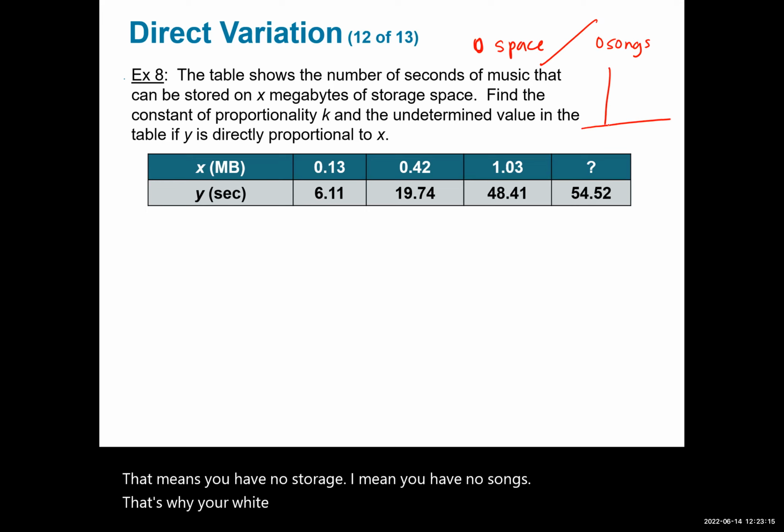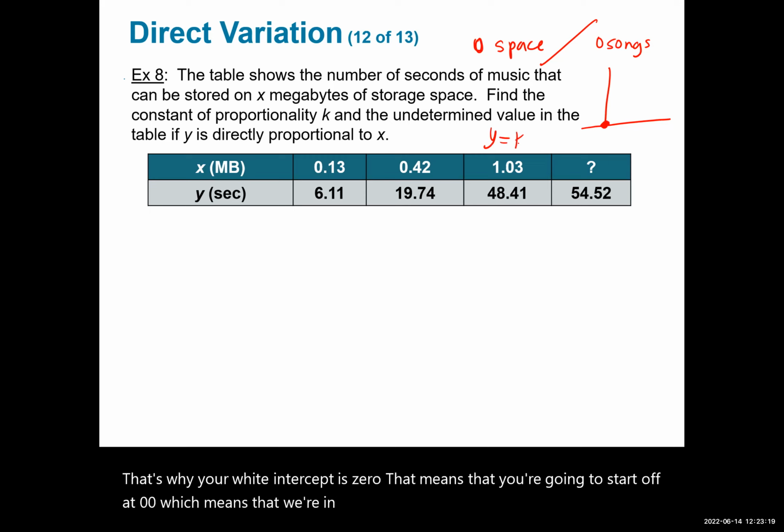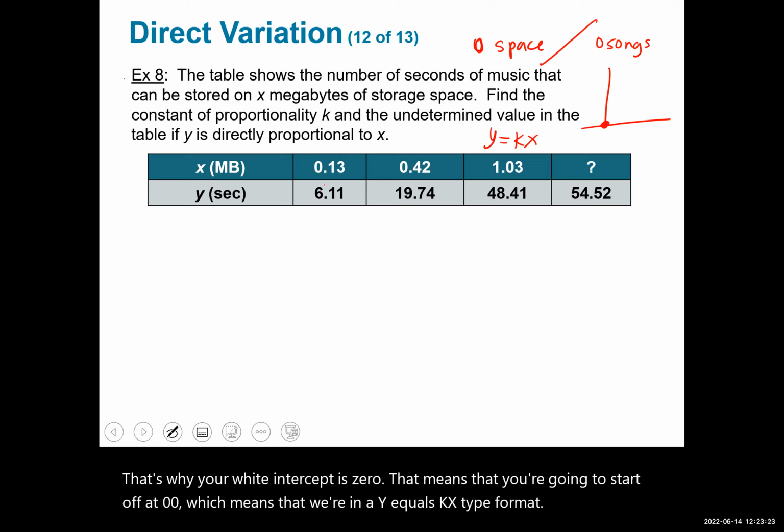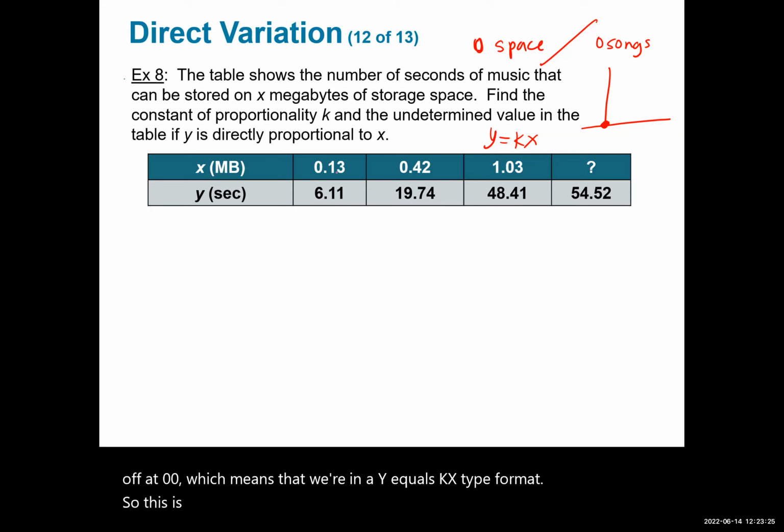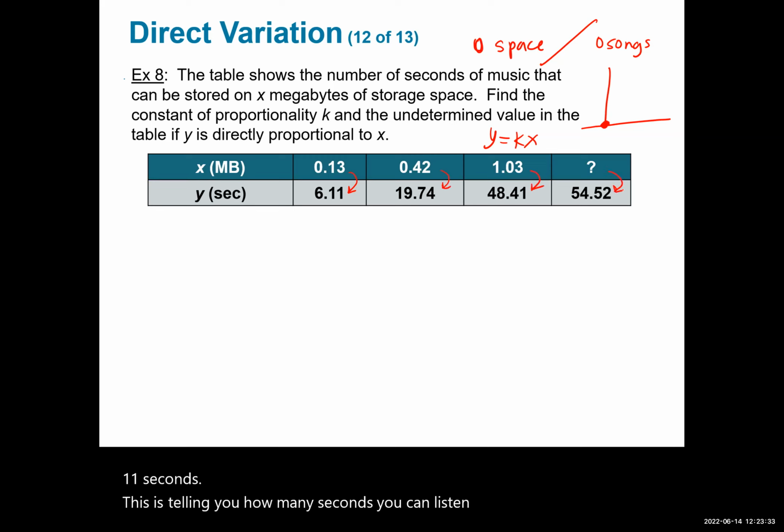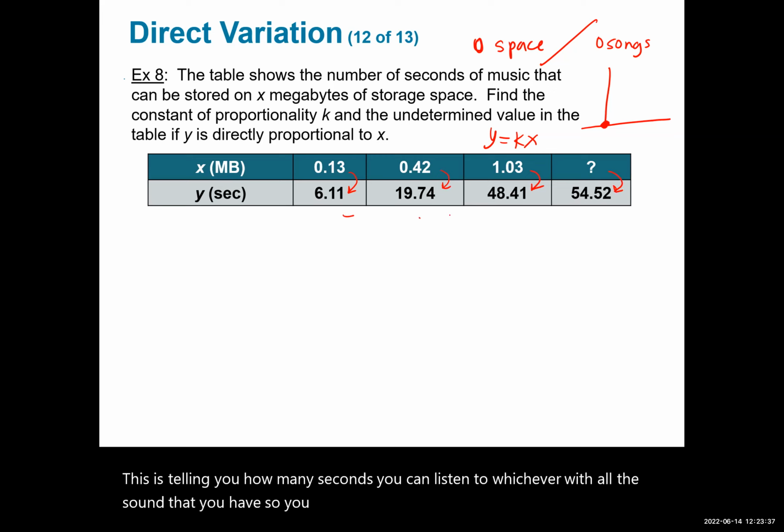That means that you're going to start off at 0, 0, which means that we're in a y equals kx type format. So this is saying if you have 0.13 megabytes, then you can listen to 6.11 seconds. This is telling you how many seconds you can listen to with all the sound that you have. So you can choose any of these to figure out the constant of proportionality.